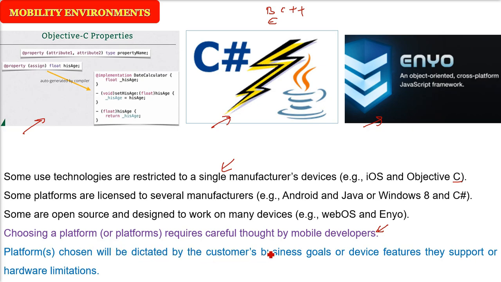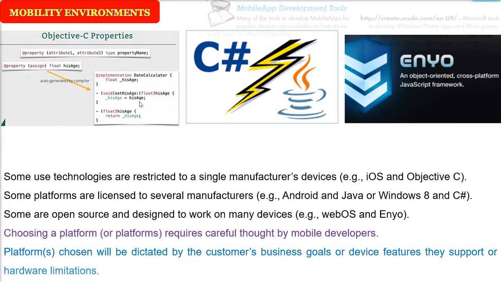And what device features he wants supported, or the hardware limitations he has. The app given to you by the customer, the platform needs to be chosen according to that also. So different mobile environments need a lot of consideration.